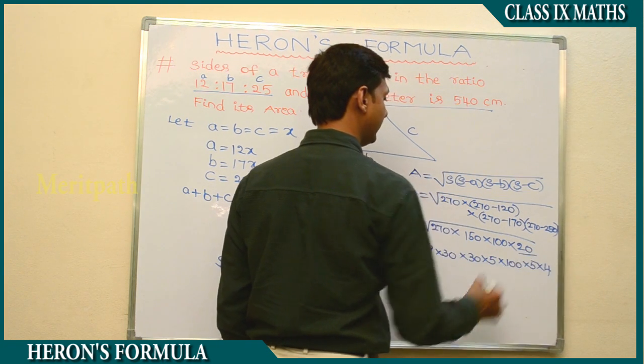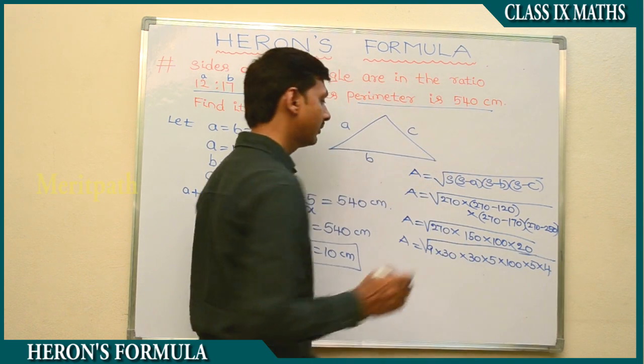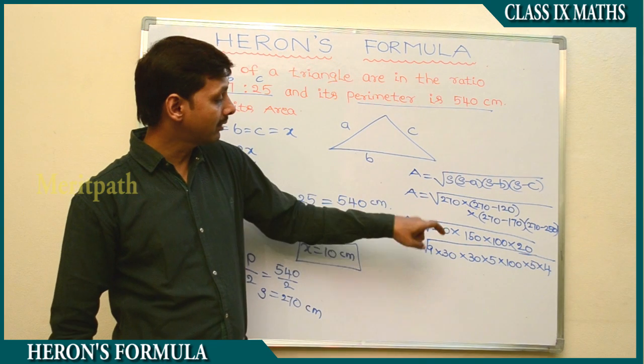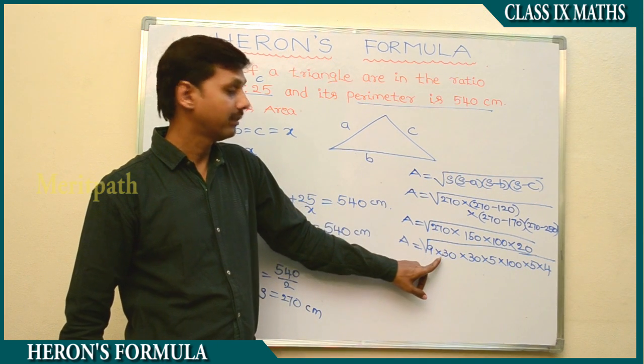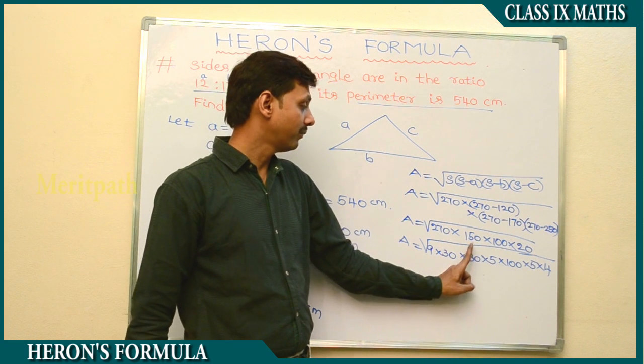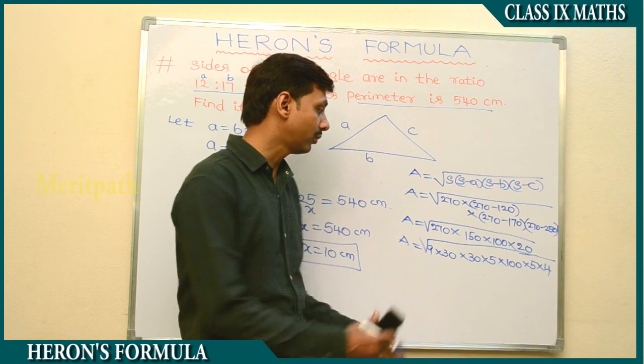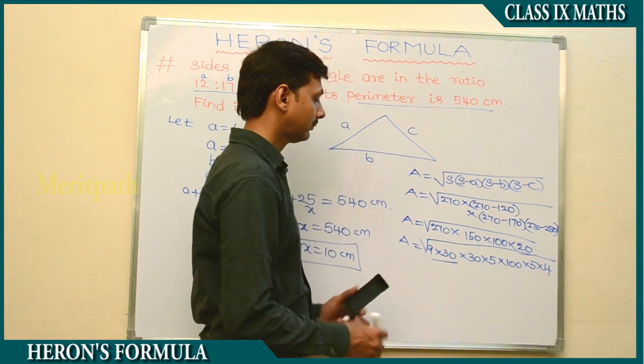We get all perfect squares in this. The reason for writing 270 as 9 into 30 is that here we get 30, and 150 gives another 30 into 5.